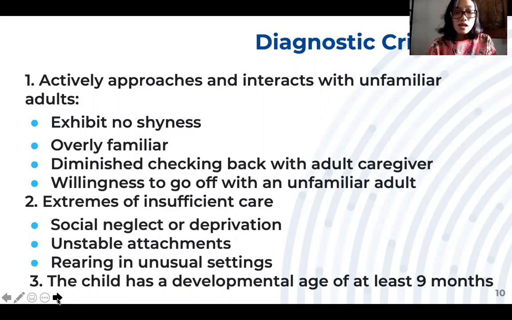And behavior that is overly familiar or friendly, both verbal and physical, makes the children talkative to strangers, hugging or cuddling unknown adults, which is not consistent with cultural and age-appropriate social boundaries, of course. They also show diminished checking back with the adult caregiver after venturing away, even in an unfamiliar setting.